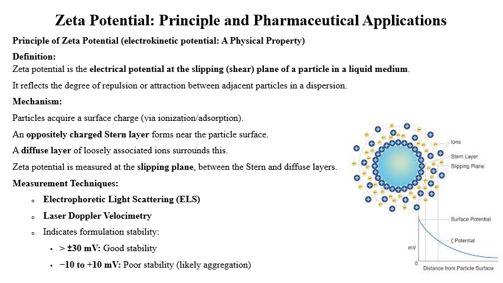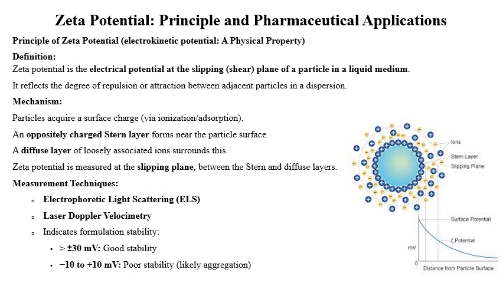Zeta potential is measured at a slipping plane, and it is the plane between the stern layer and the diffuse layer. You can see in the image there are the charges adjacent to the particle and charges away from the particle, or opposite charges to the charge which are adjacent to the particle.